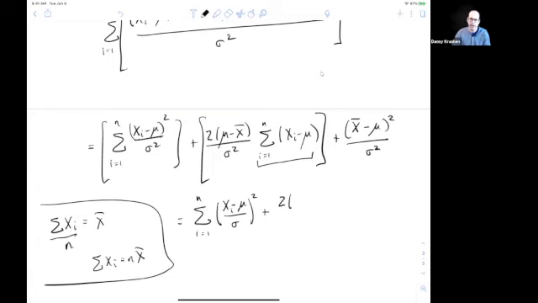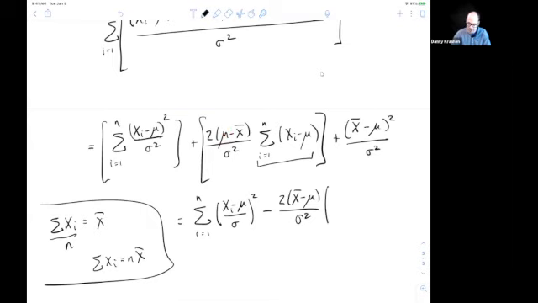Because I want the x to be on the left and the mu to be on the right there, I'm going to reverse the order of that term and change this to a minus sign. So I'm going to do minus, and then I have twice (x bar minus mu) over sigma squared. So I just used switching this order to introduce this minus sign there.